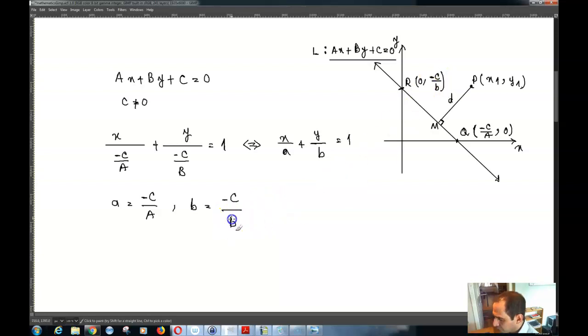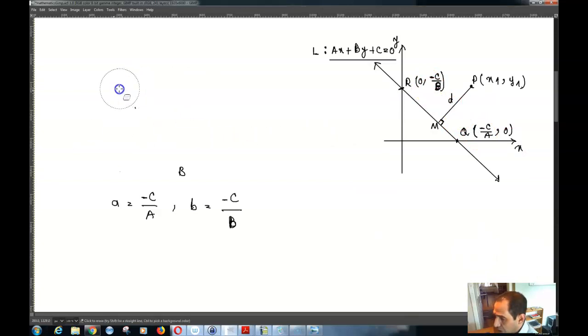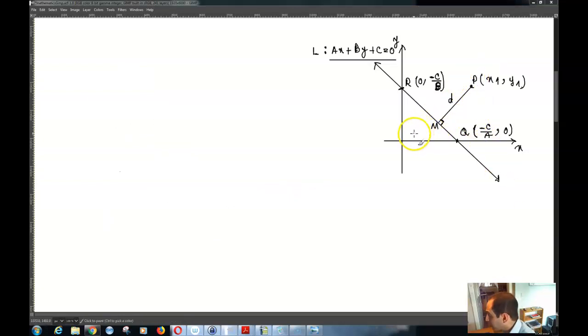Of course, this b is supposed to be a capital B. Don't want to make mistakes here. This is a capital B. So that's about these two points, and these two points are needed in order to find the distance between the point and the line.